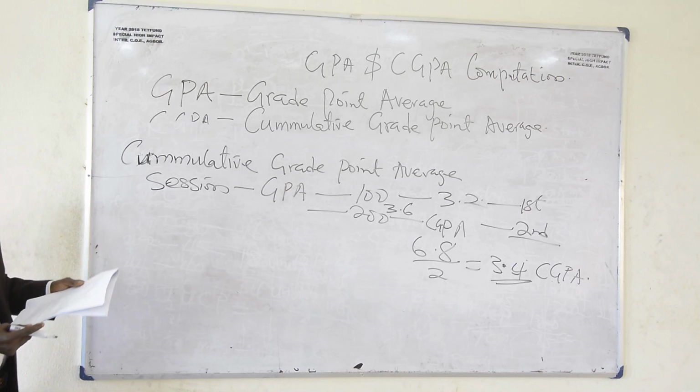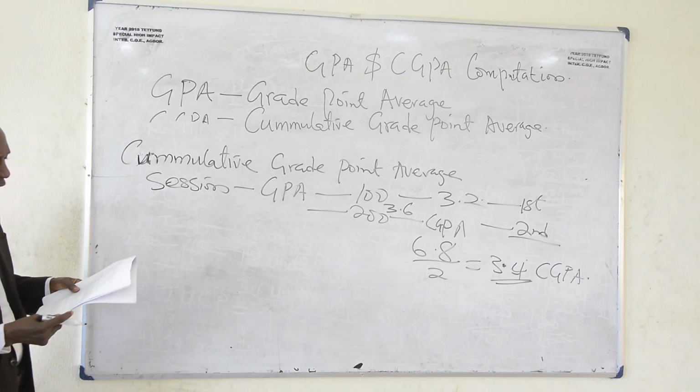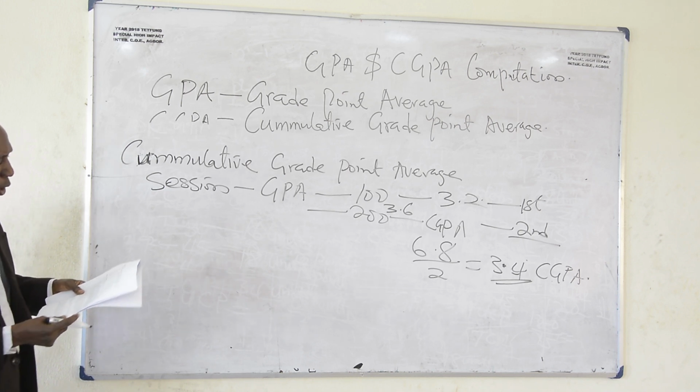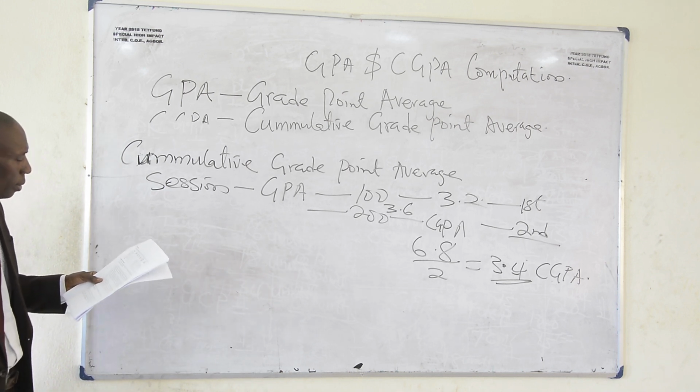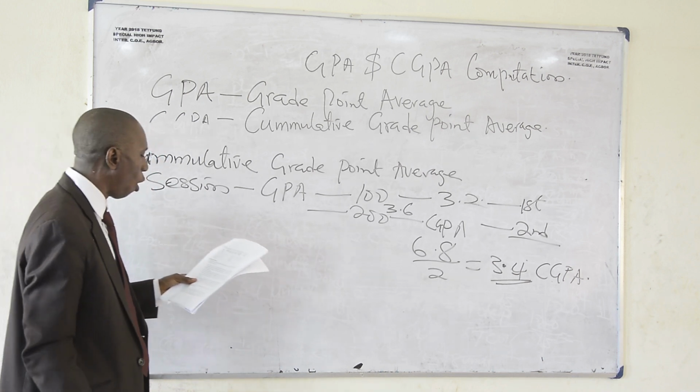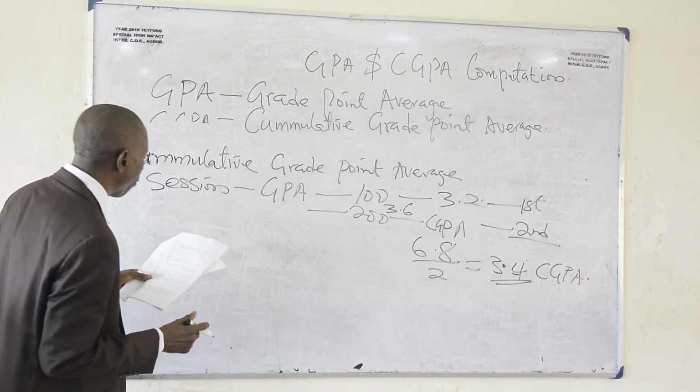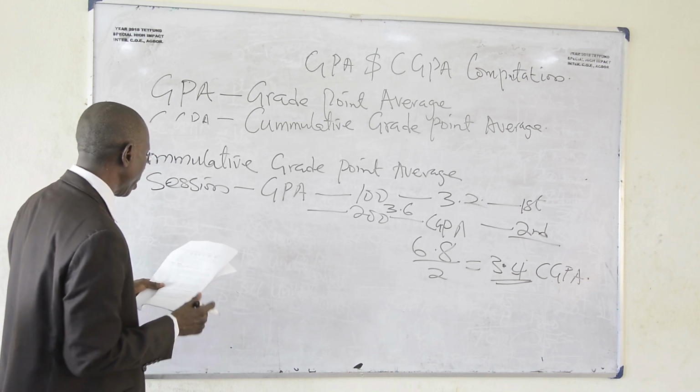So we have that grade point average is divided by multiplying your percentile score by your average grade points.